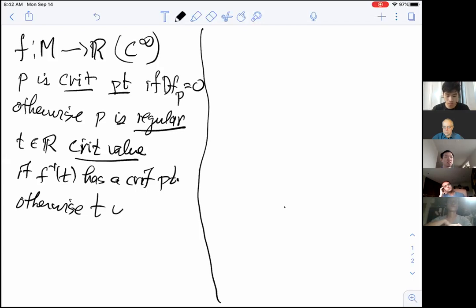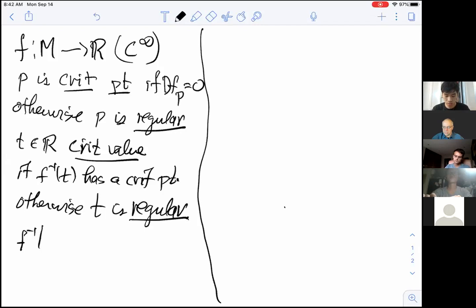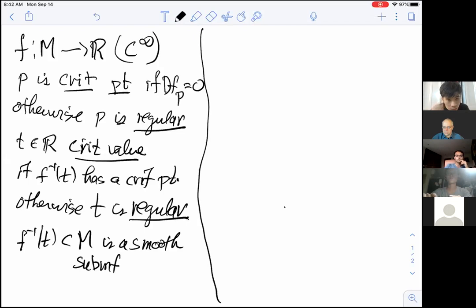The T is a regular value. Okay. And notice that if T is regular, then its pre-image in the manifold is a smooth codimension 1 submanifold by transversality. All right.